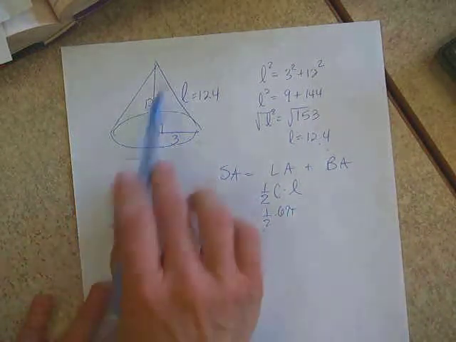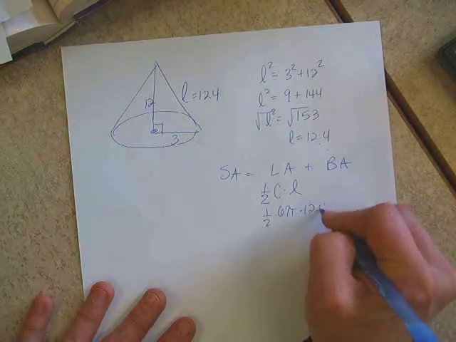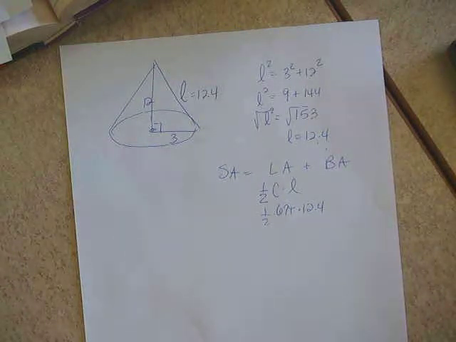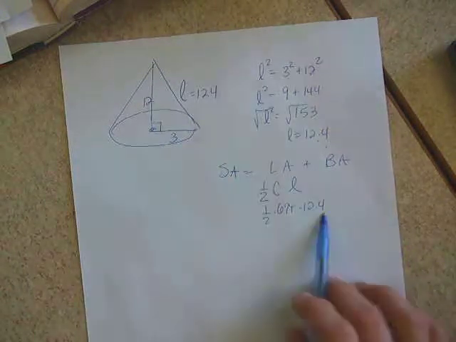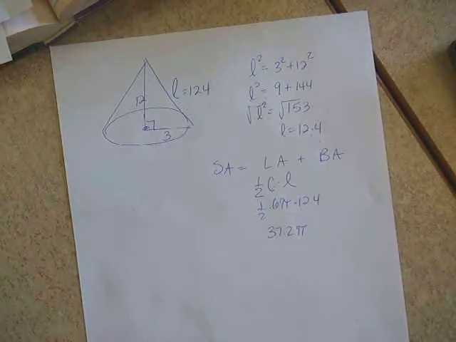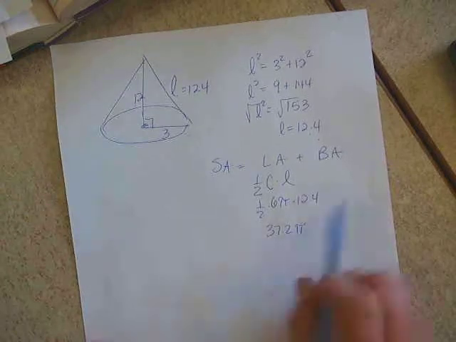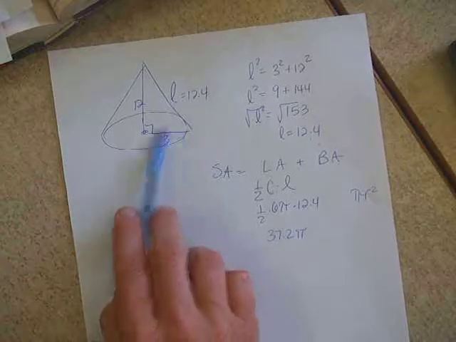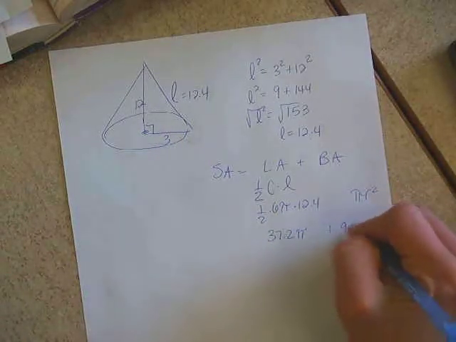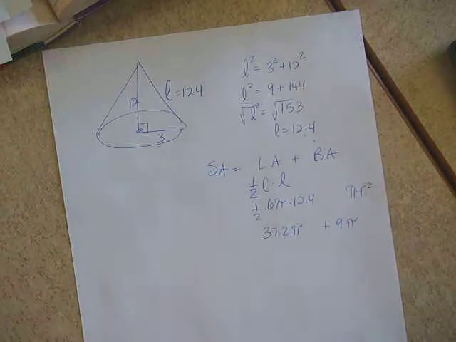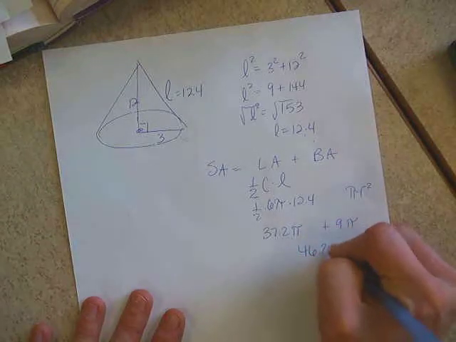So surface area, lateral area plus base area, 1/2 perimeter, which is circumference, times the slant height. Circumference is 6 pi, right? Slant height is 12.4. So including the decimal, it should be 37.2 pi for your lateral area.